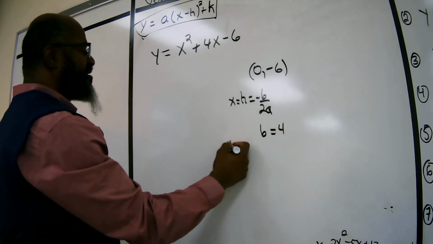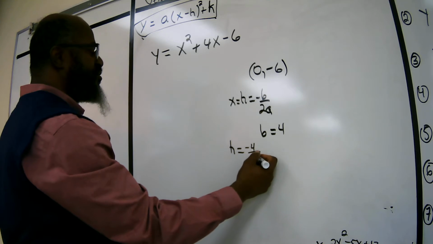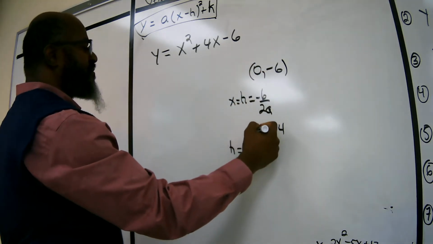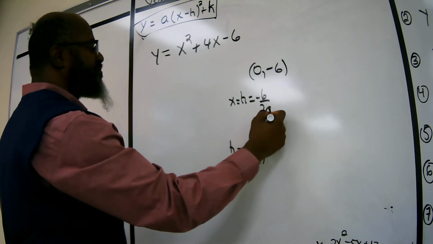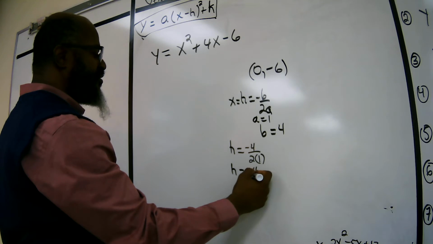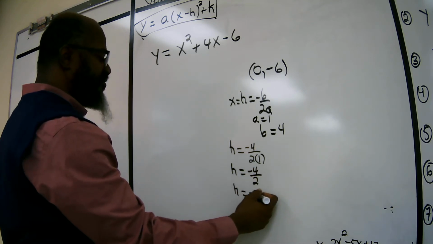So you will have h equal negative 4 over 2 times 1. A is 1. And you will have h equal minus 4 over 2. In this case, h is negative 2.